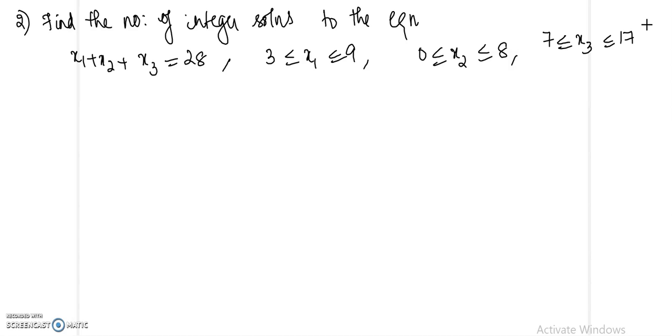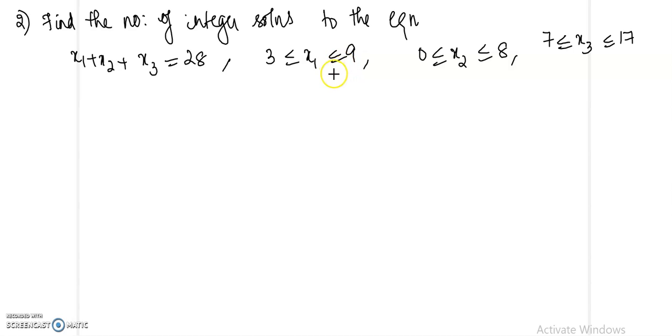So first let us start the inequalities with 0. So let us convert the intervals in the form 0 less than or equal to xi less than or equal to some number. Here 3 and 7 are the lower bounds. Let us first make it start at 0.